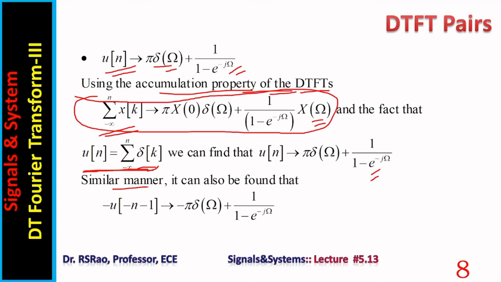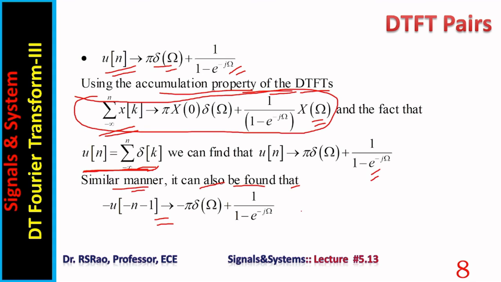Similarly, by following a similar procedure, it can also be found that DTFT of minus u of minus n minus 1 is equal to minus pi delta of omega plus 1 by 1 minus e power minus j omega.